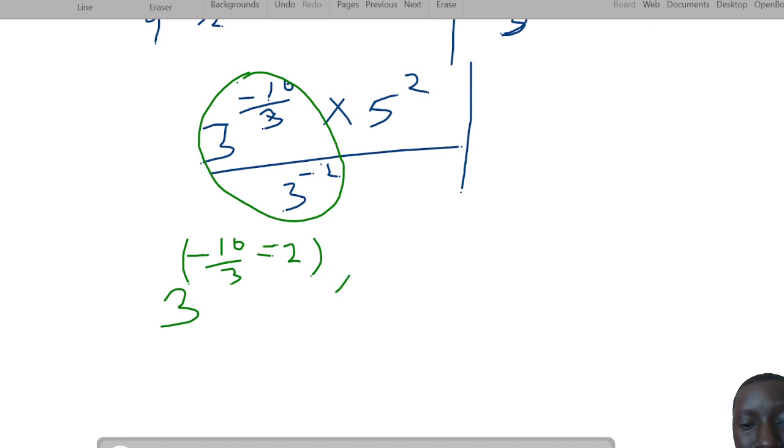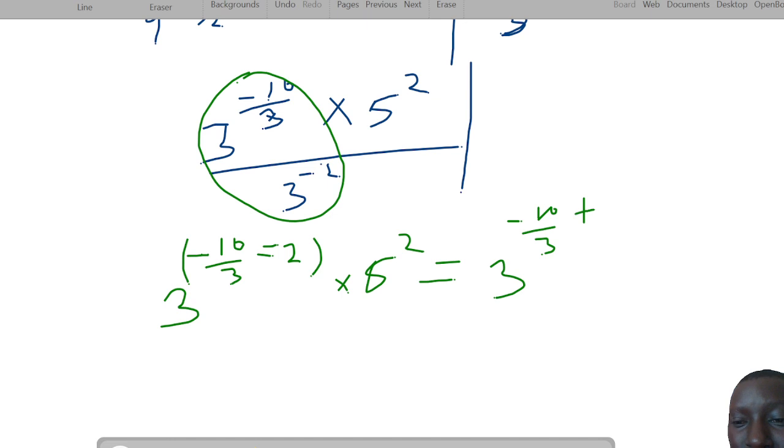Then this one you multiply by 5 to the power of 2. So this should be equal to 3 negative 10 over 3, plus 2.